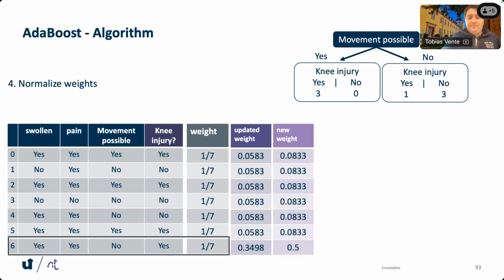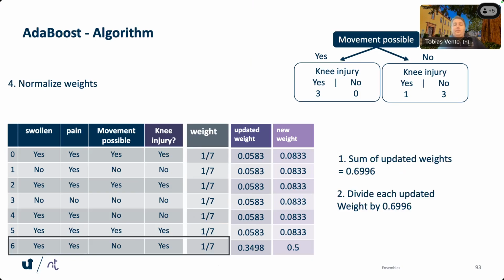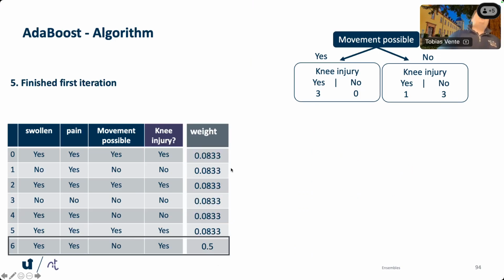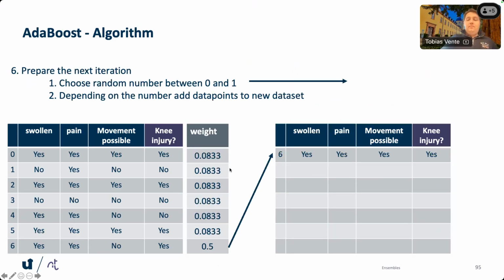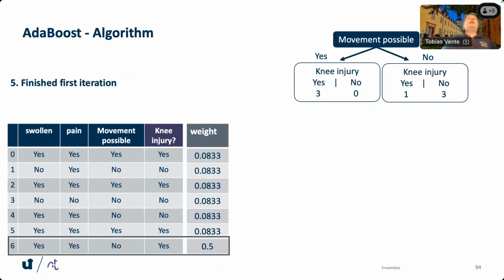So in our case, once you have calculated the weights, you normalize them so that the sum of all weights equals 1. Yeah. And after we normalize these weights, we sample them again.